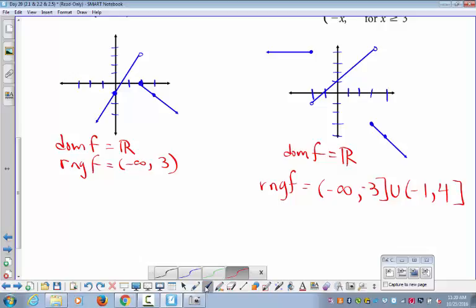Good. So range coming from the y-axis, domain coming from the x-axis. Everybody okay with that range? So you're coming up the y-axis. You're seeing why we have the gap and why we end at 4. Cool.